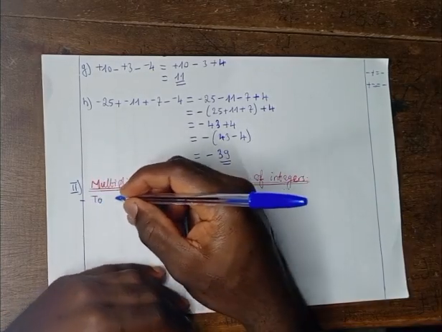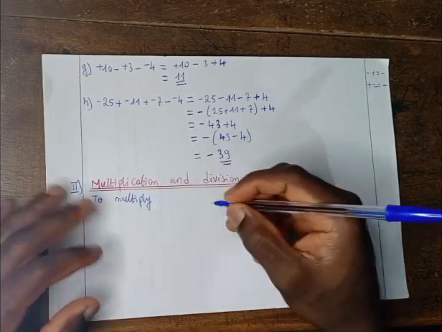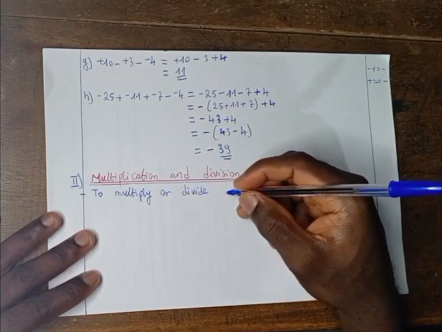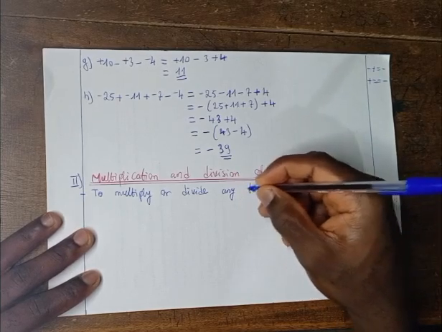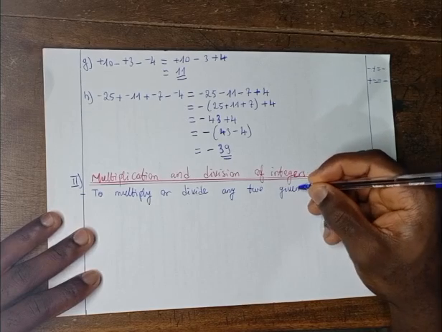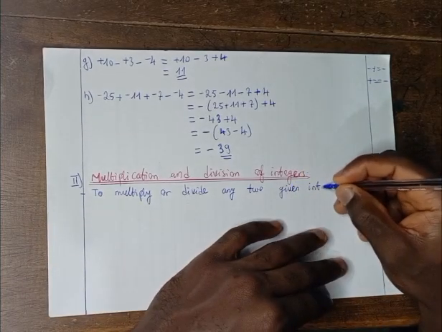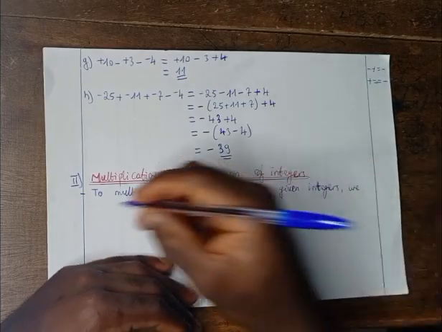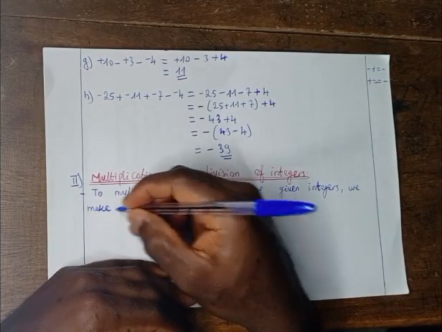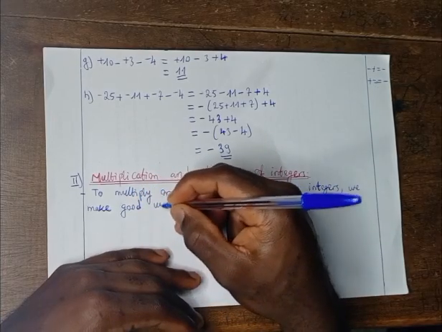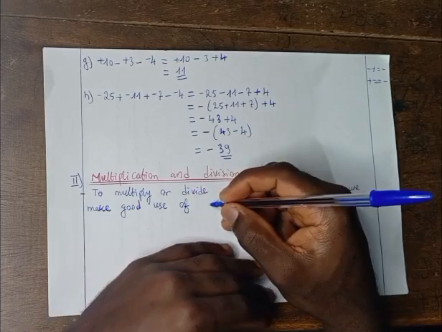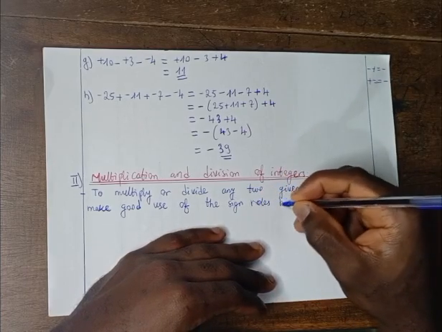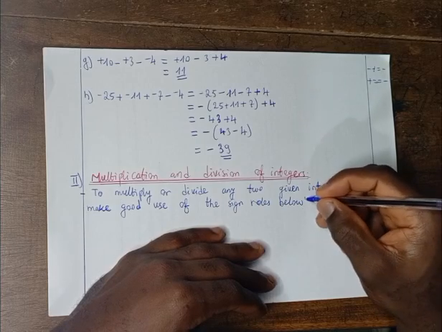Let's take the first hyphen. To multiply or divide any two given integers, we make good use of the sign rules below.